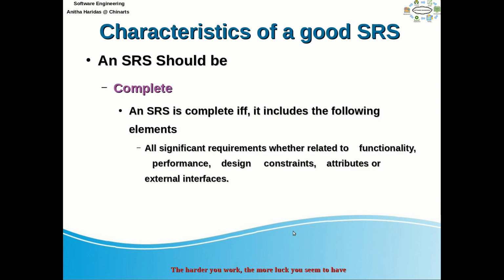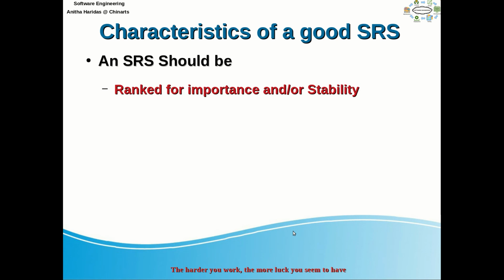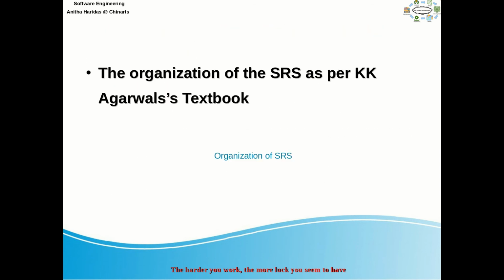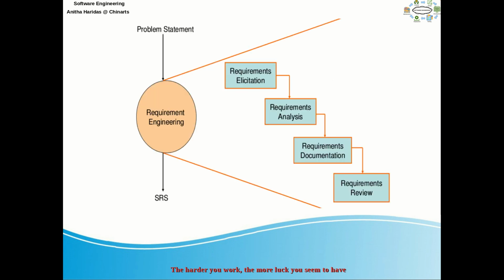Then we discussed the format of the SRS. When I say format of the SRS, once you have collected the information for the requirements, how this information must be organized in the software requirement specification document, that also we have discussed.